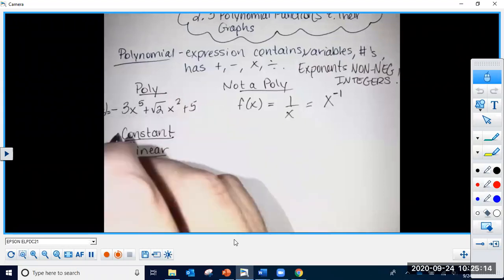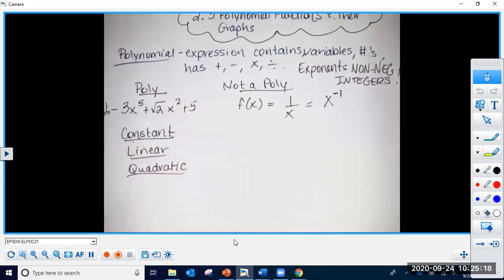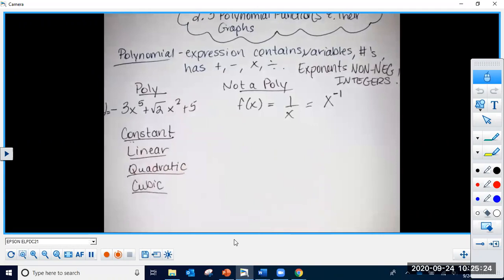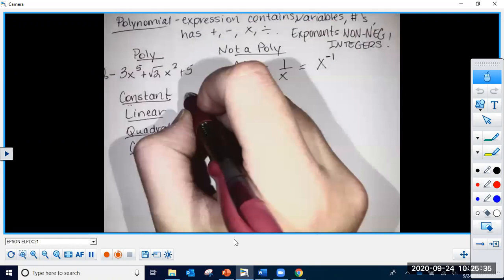It can be quadratic. What's after quadratic? Cubic. So it can also be cubic, and then so on. After cubic, cubic indicates a degree or highest exponent of what? 3.